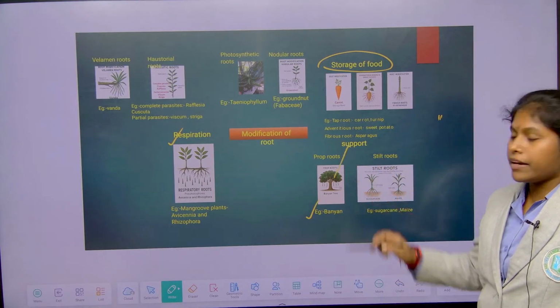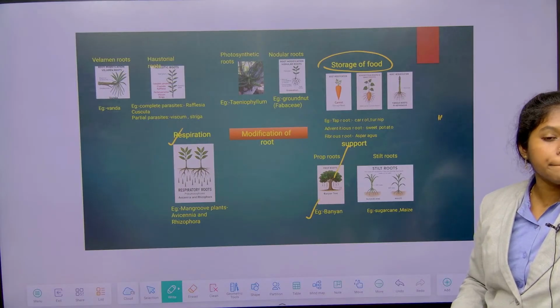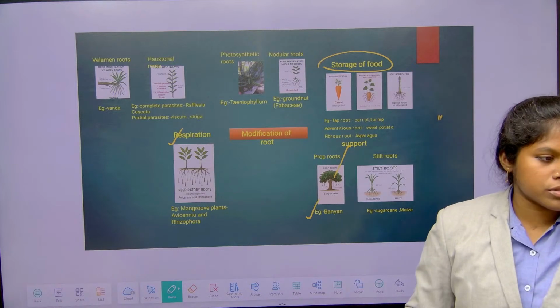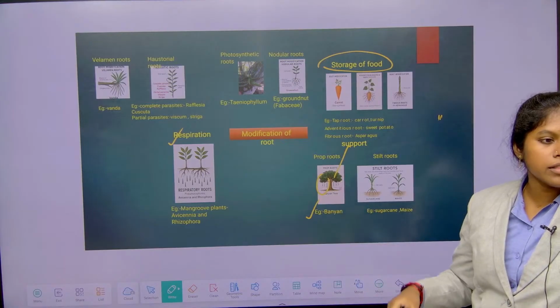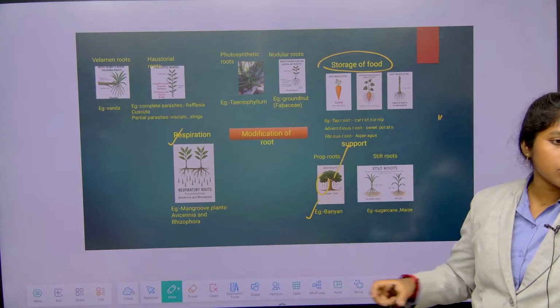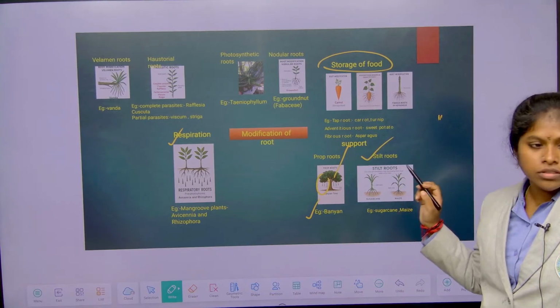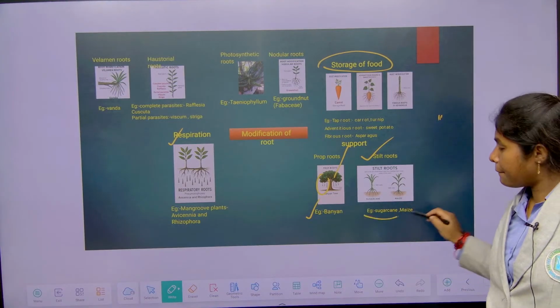These banyan roots are also called prop roots or pillar roots. They are also called hanging roots, as they hang from the branches and are fixed into the soil. And coming to stilt roots, the examples are sugarcane and maize.